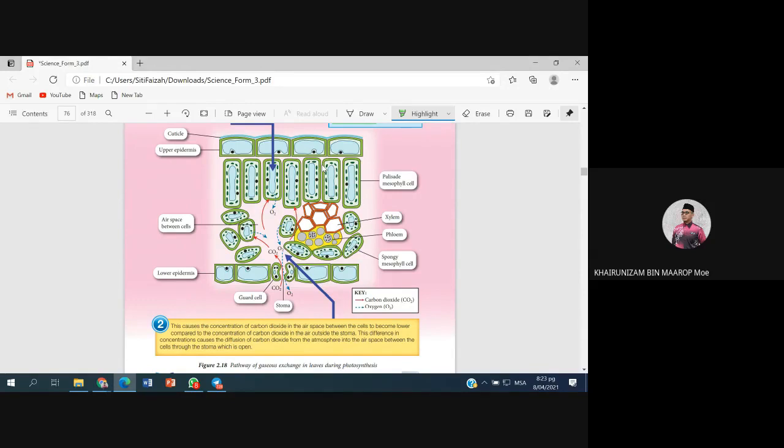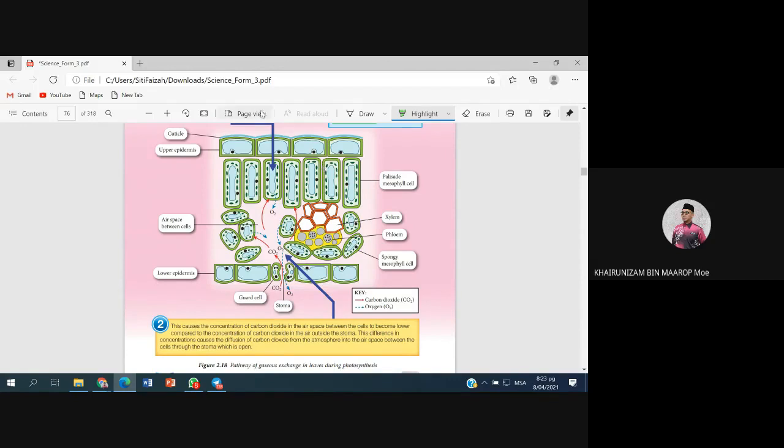Kamu akan nampak perbezaan dia. Atas dia kelihatan lebih shining, berkilat. Okay, yang belakang daun kelihatan lebih dull, lebih pudar, tidak berkilat.